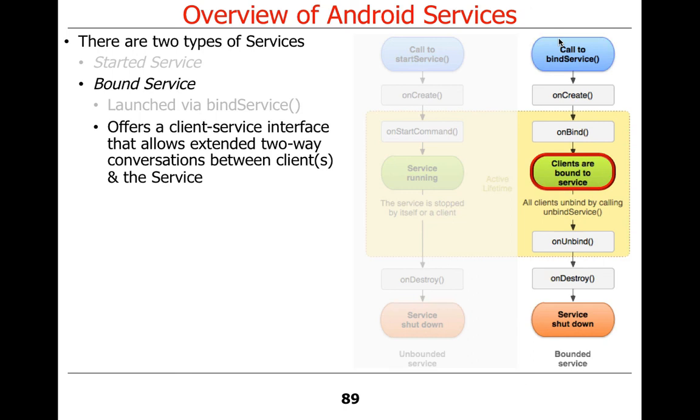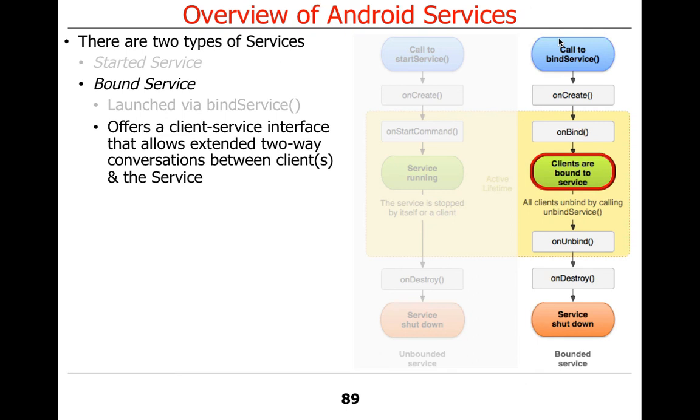And so what happens is there's typically an onCreate method called, but there's also what's called an onBind call. And onBind is used to return back to the client application some kind of channel for communication that the client will then henceforth use to engage in two-way conversations with the service.